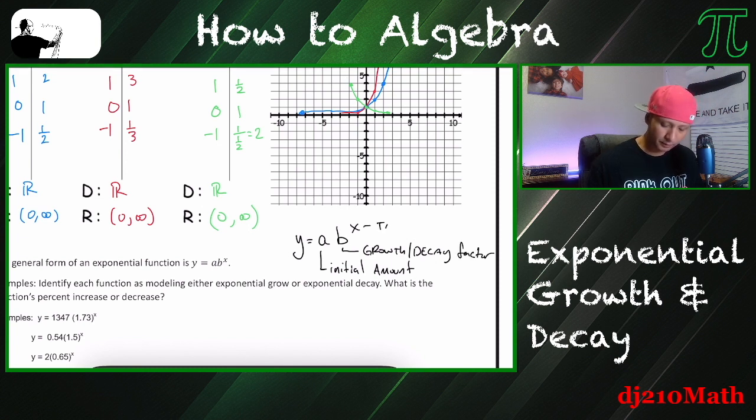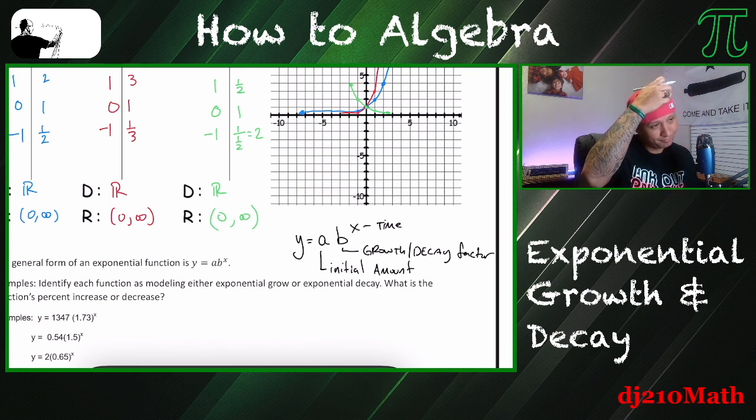And x is over some time, right? Typically years. So these are the 3 variables that are in the general form.